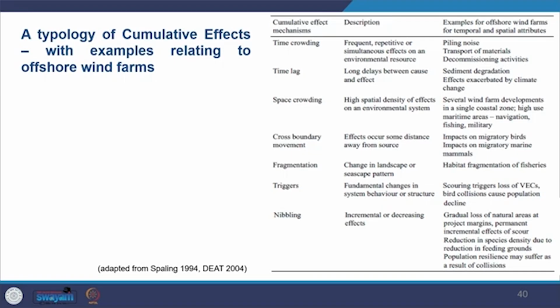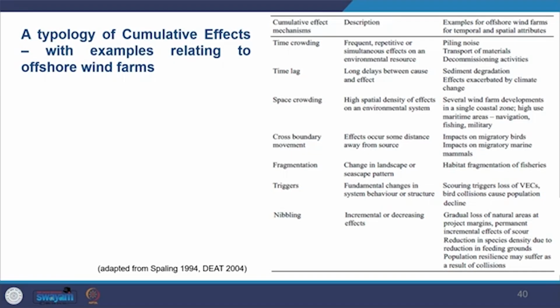Then you see space crowding, if you can recollect, a high spatial density of effects on an environmental system. You can see that there are a lot of things in the same place. That's said to be space crowding. Then you have cross-boundary movement, where effects occur some distance away from the source.